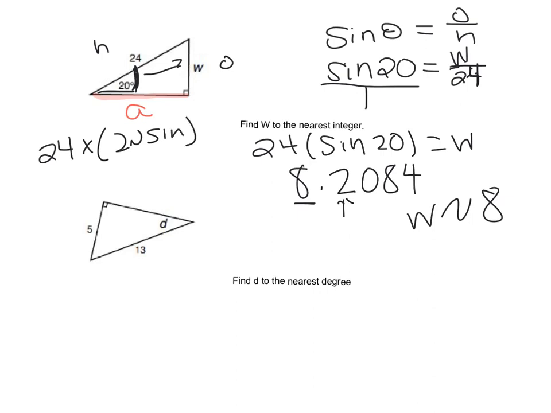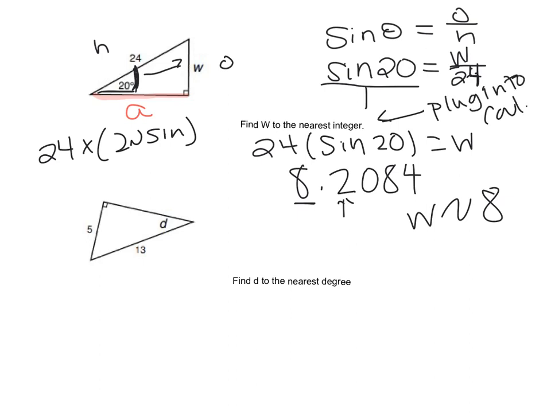But if your calculator says the word sine when you hit it, it'll show 24, the little asterisk, and then sine 20, and that's the best calculator you can have to do this. So I plug this right into my calculator.